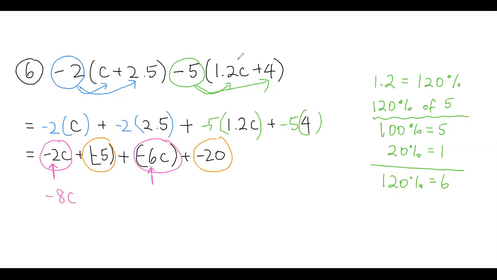plus negative 5 plus negative 20. How many negatives do I have in total? I have 25 negatives. So to rewrite this so that there are no parentheses, adding its opposite is the same thing as subtraction.